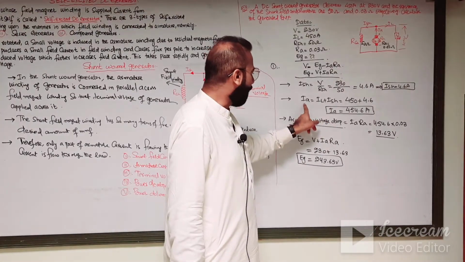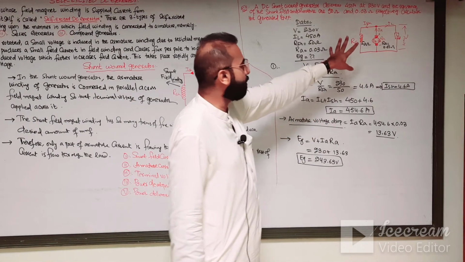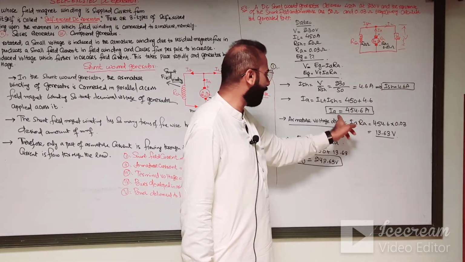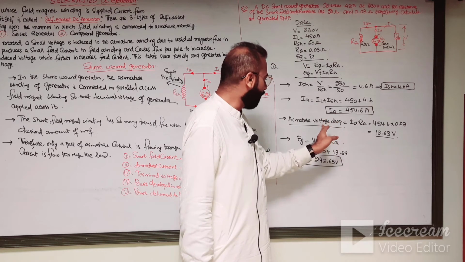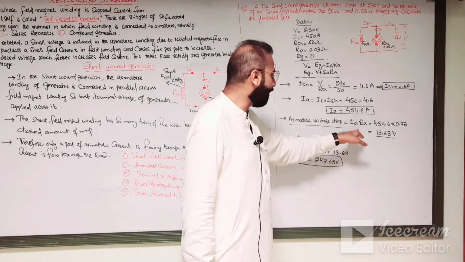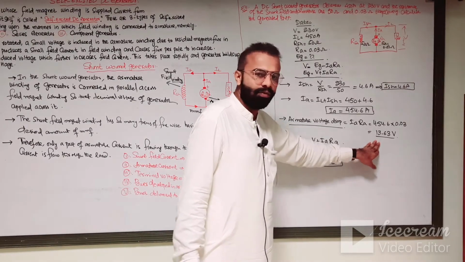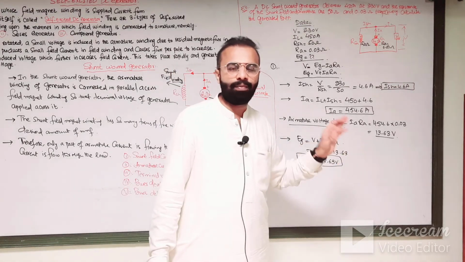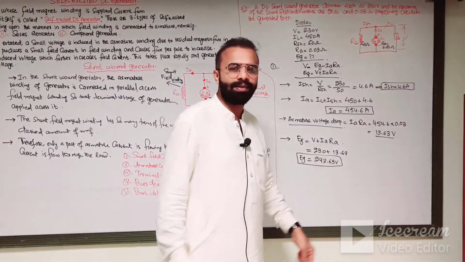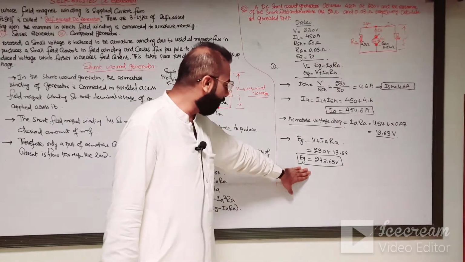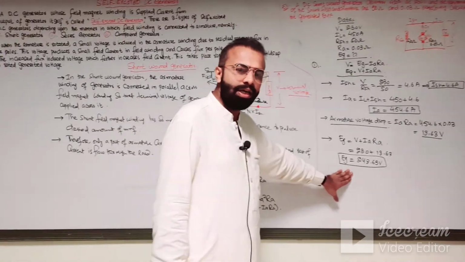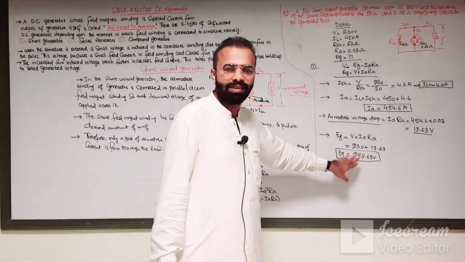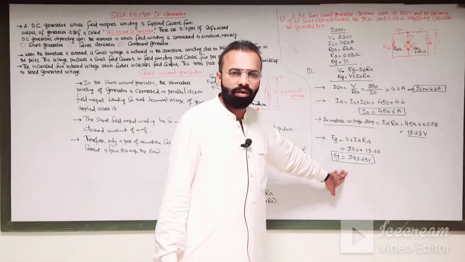IA is the armature current, the sum of IL plus I shunt, which we calculated as 454.6. Then we calculated the armature voltage drop IA RA, which is 13.63 volts. Finally, the generated EMF is the terminal voltage plus the armature voltage drop, so 230 plus 13.63. We have got the generated EMF at the output of the generator as 243.63 volts, which is produced by the DC shunt wound generator.